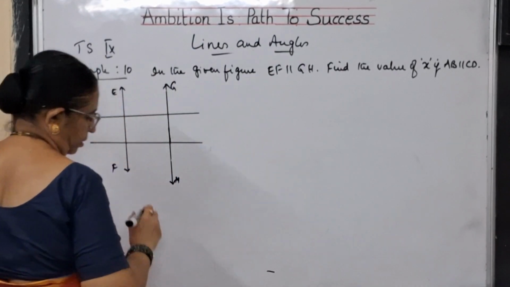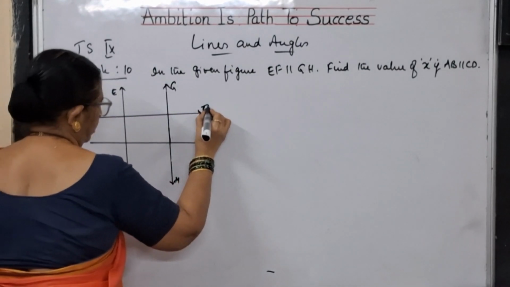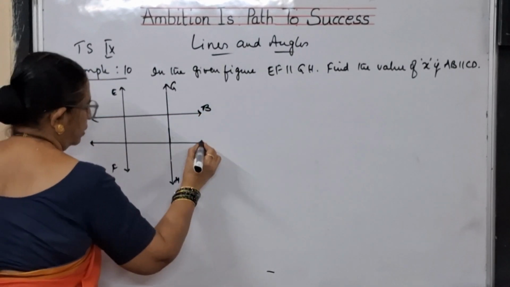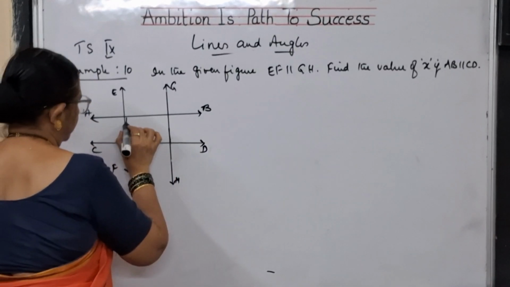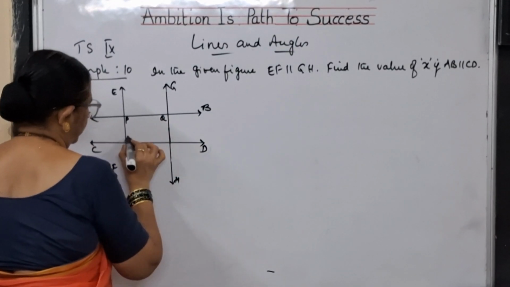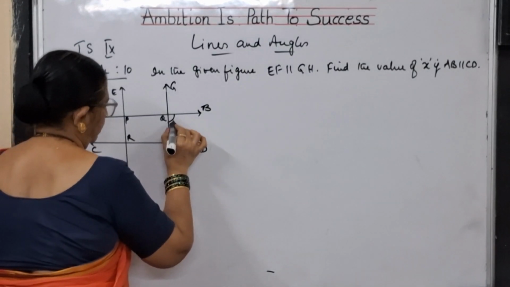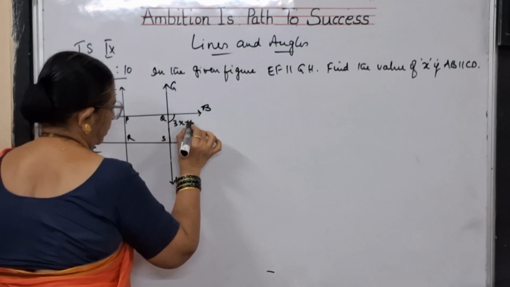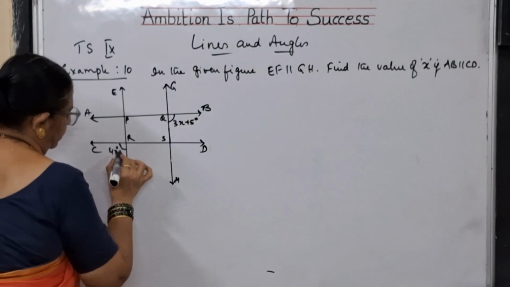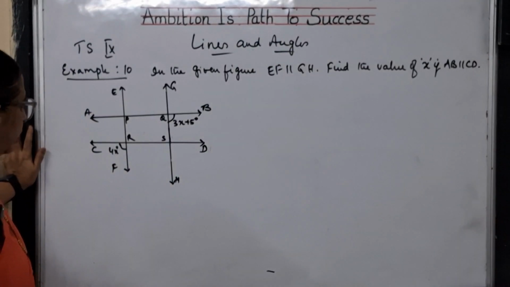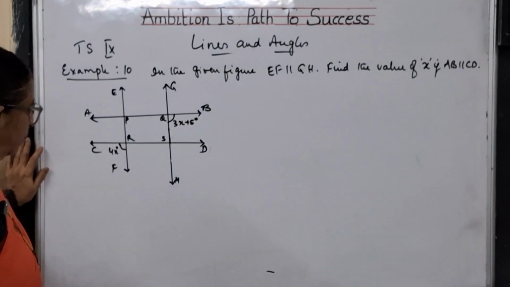These two are AB and these two are CD. And this is P, Q, R, S. And here the angle is 3x plus 5 degrees. And here the angle is 4x degrees. Now you need to find out what is the value of x.